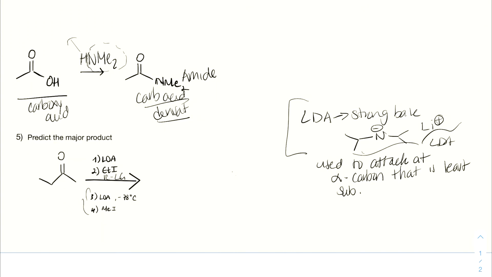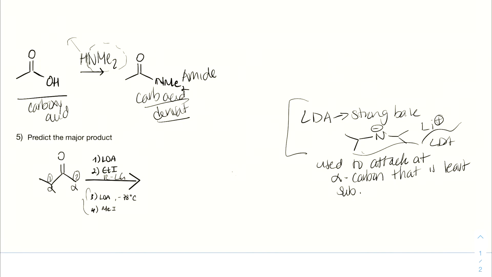So here we see we have two sides of alpha carbons. We have one here and one here. And so at this position, I'm just going to call it alpha 1, and this is alpha 2. We see that alpha 1 is most substituted because we have an addition of this methyl group that's right here. Whereas in the second alpha position, we don't see that.